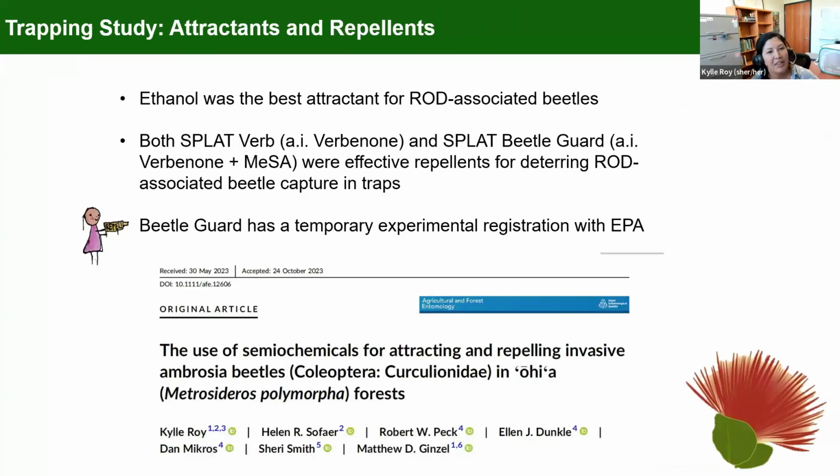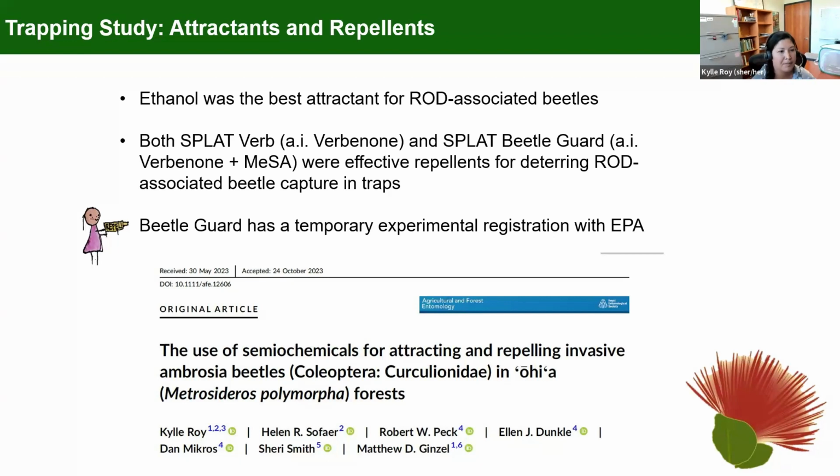The first thing we did was conduct a trapping study. We wanted to see what was the best attractant for the ROD-associated ambrosia beetles, and we found that ethanol was the best attractant.